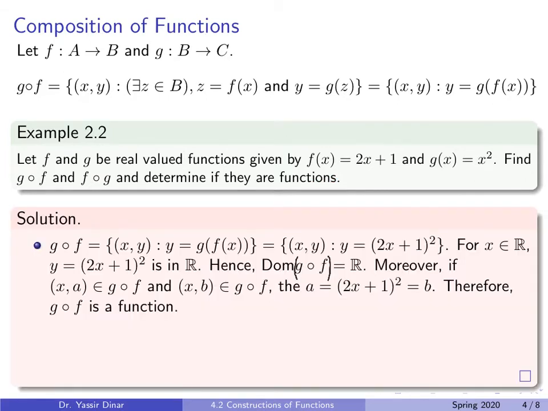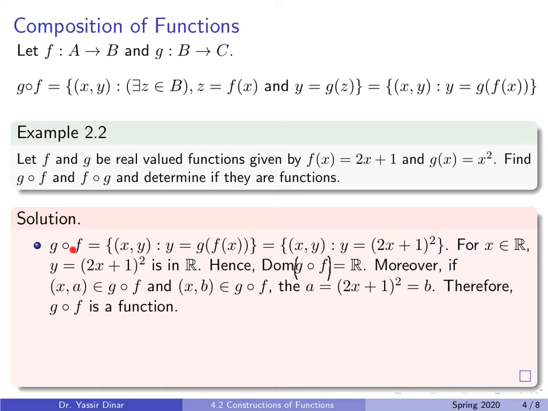Since F and G are functions, we use the rule we gave above. So to find G circle F, by the rule, we take all pairs X and Y such that Y is equal to G(F(X)). This gives all the pairs X, Y such that the second coordinate Y is equal to the square of 2x plus 1.